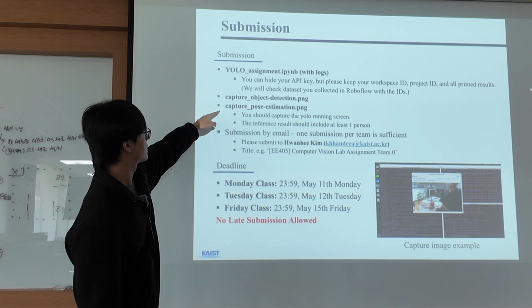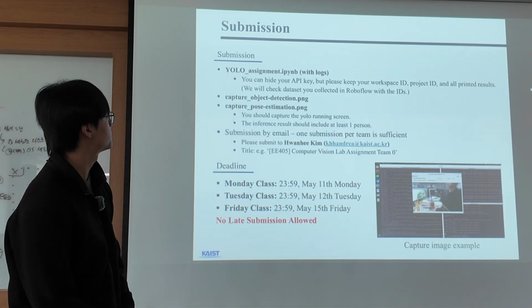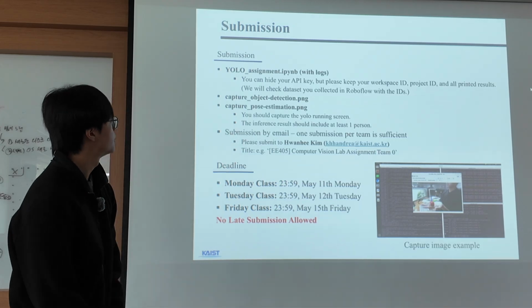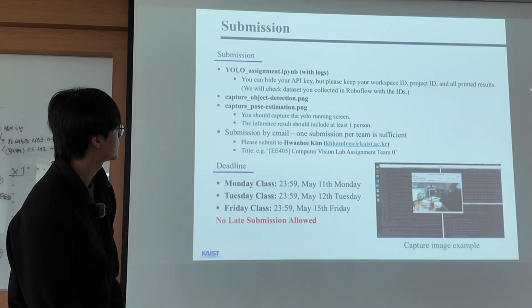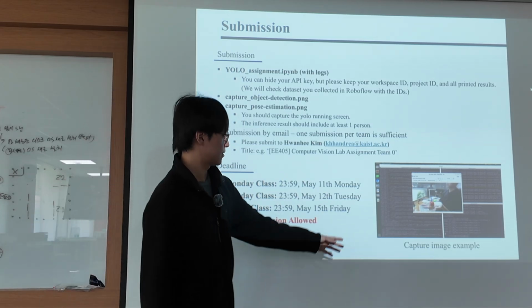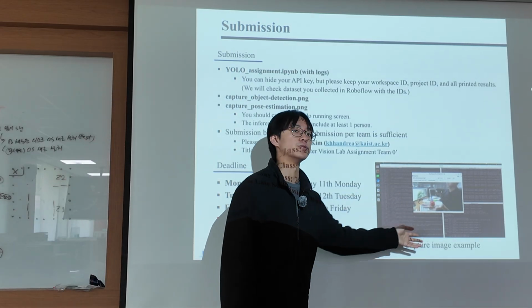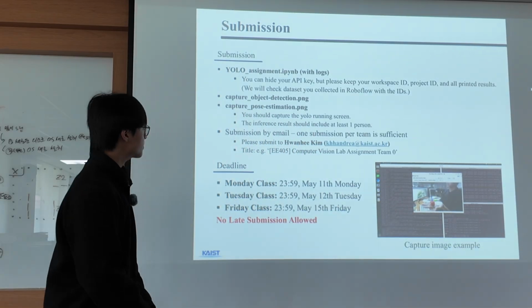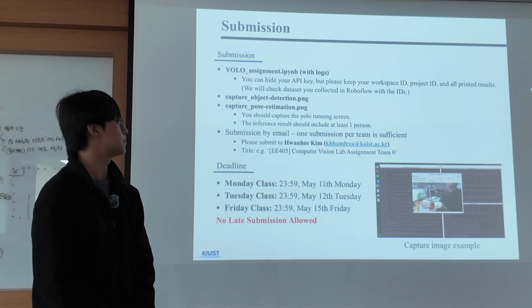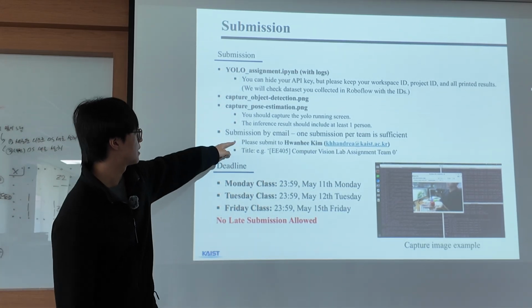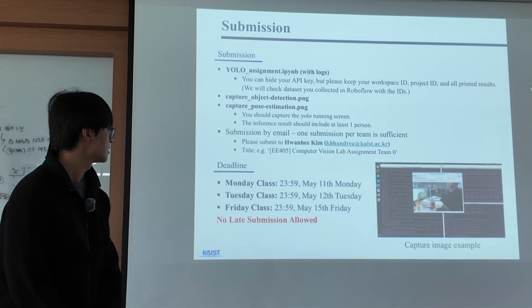Please also attach 2 capture files, for object detection and pose estimation. You should capture the YOLO running screen. The inference result should include at least 1 person so that we can check whether you ran it properly. You can submit those 3 files by email, this one, and please follow this title.